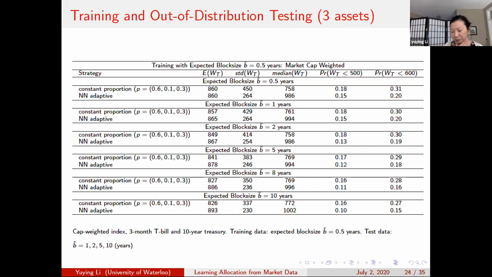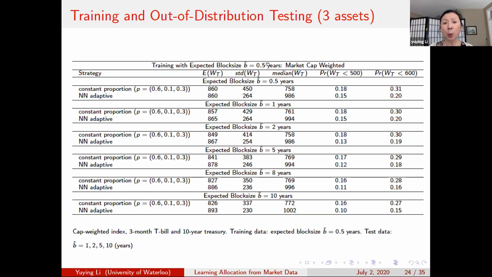Okay, all right, so what about the robustness of the strategy? As I mentioned, we perform both out of sample test as well as out of distribution test for the optimal strategy. So this table basically shows that we learned optimal strategy using an expected block size of a half year to generate our training data.